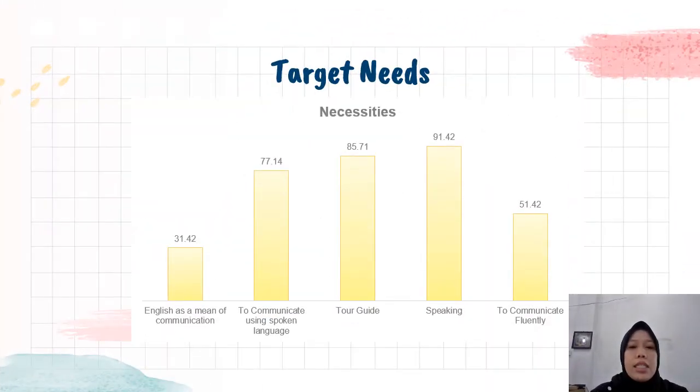The second target needs, necessities. Based on the data, students believe that the necessity of learning English is to be able to speak and to communicate, and the important learning material they really need in this program is tour guide.